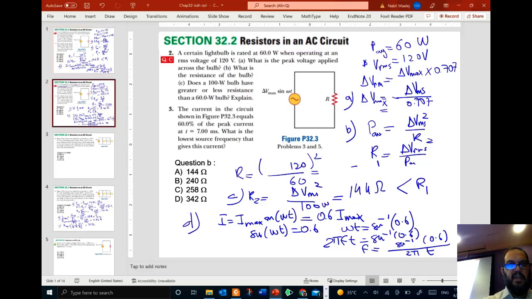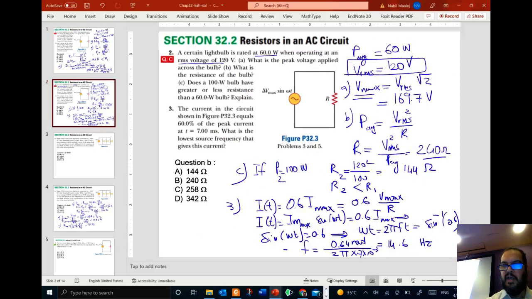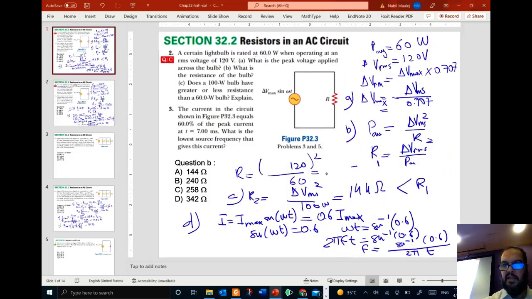So you find that 240 ohms. Sorry, I made a mistake here. So this is 240 ohms, because the V RMS is already given.